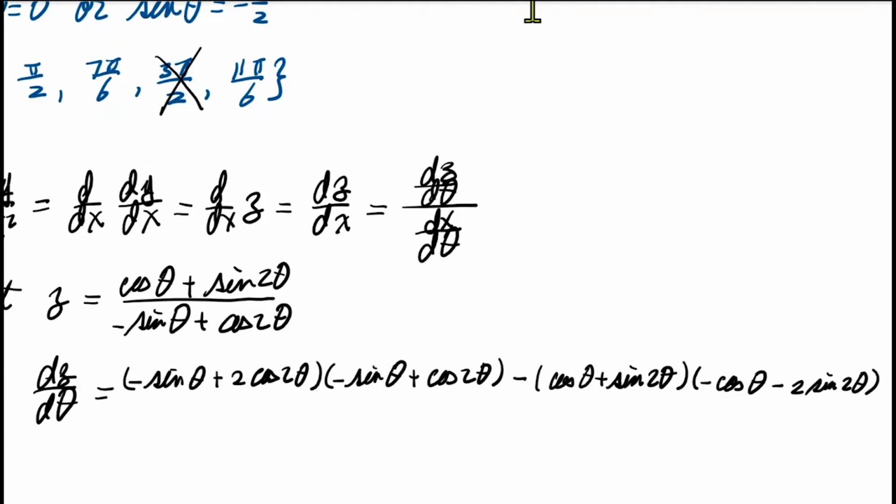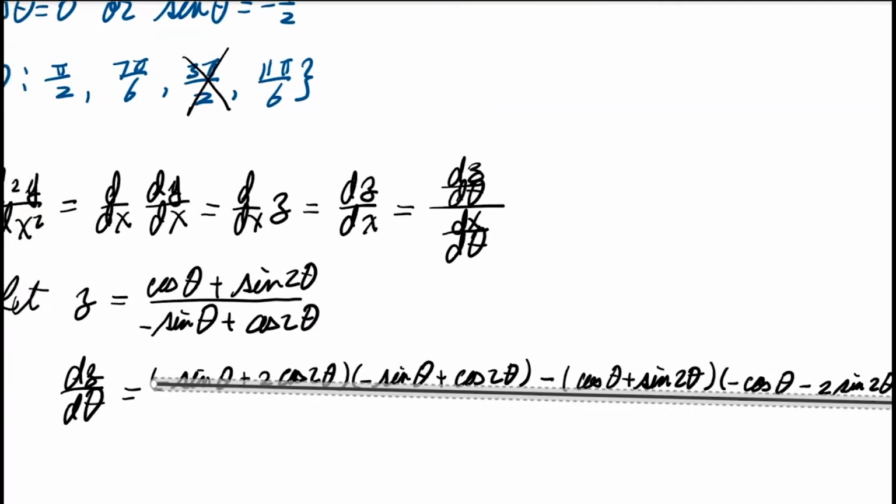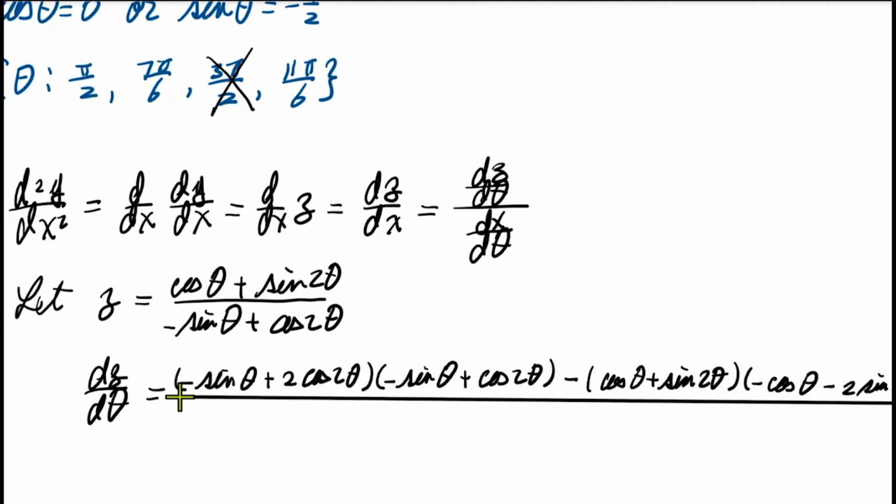Good. All over the denominator, negative sine theta plus cosine 2 theta squared. That messed up. Whenever I try to do too much, this always happens. This is a gigantic mess now, isn't it?